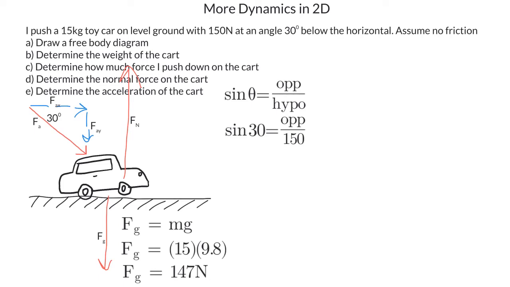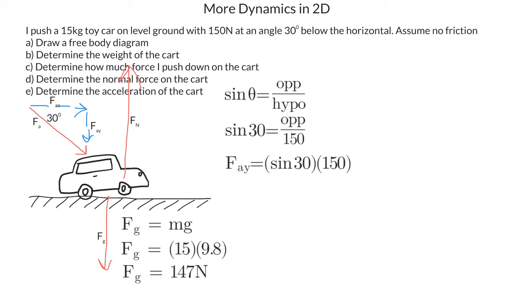Okay, so to rearrange, we're going to multiply both sides by 150, and what we will get, and I'll rewrite all of this now, is that the opposite side, or in this case, our Fay, is equal to the sine of 30 multiplied by 150.